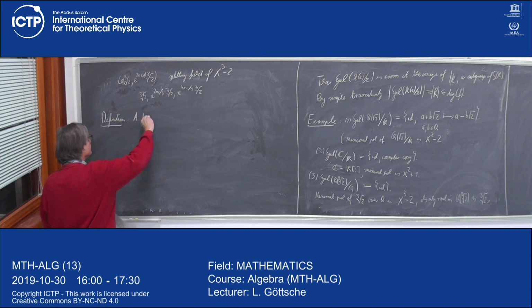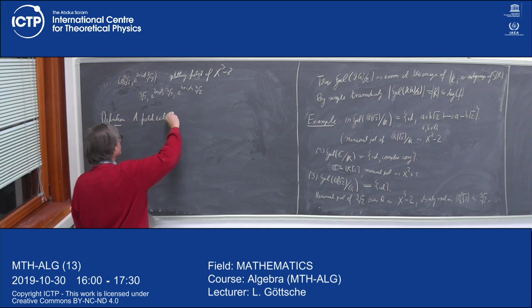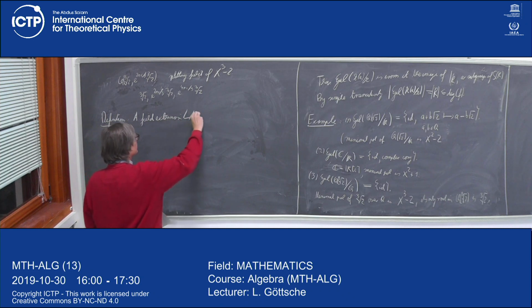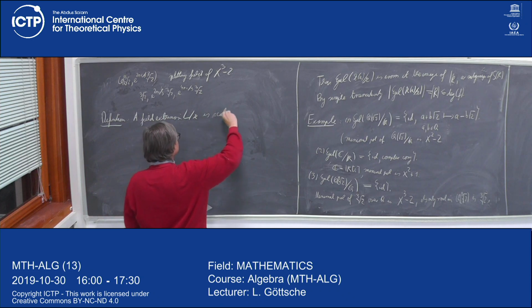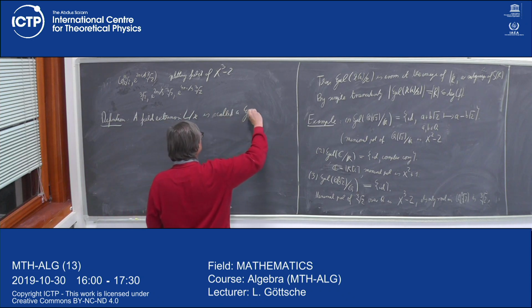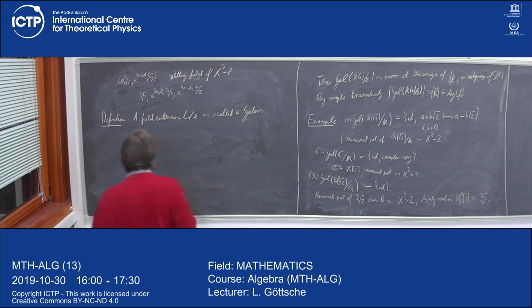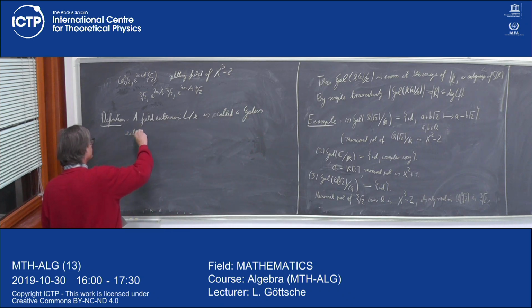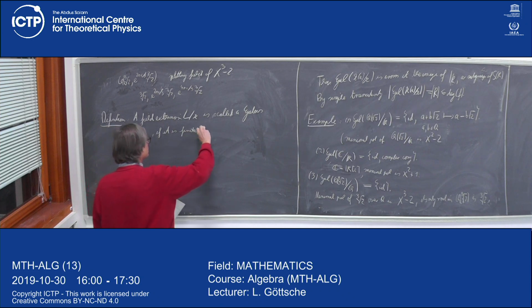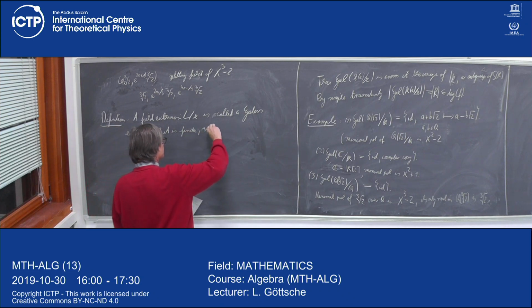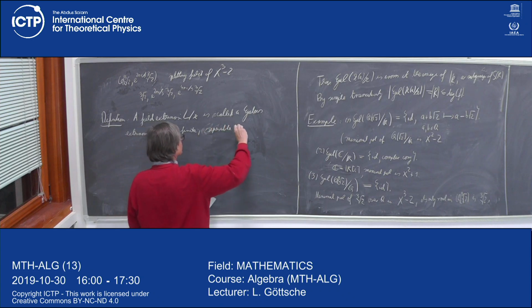The field extension L over K is called a Galois extension if it is finite, separable, and normal.